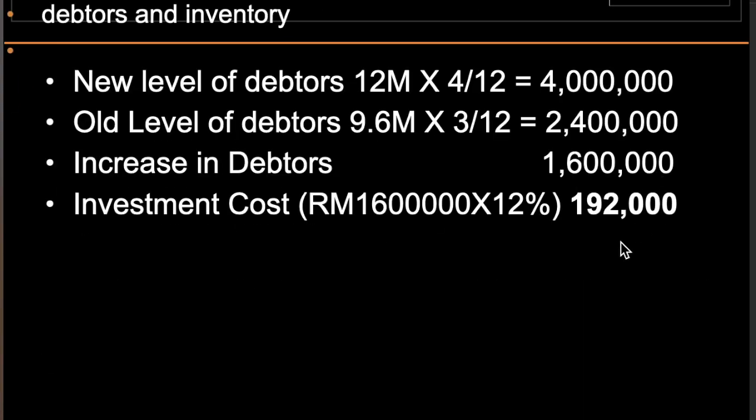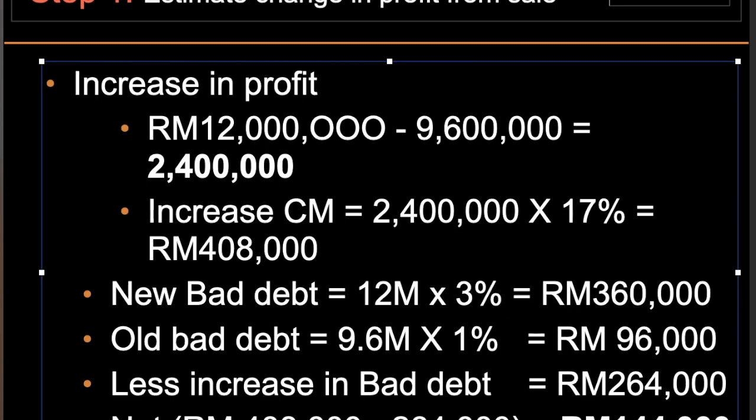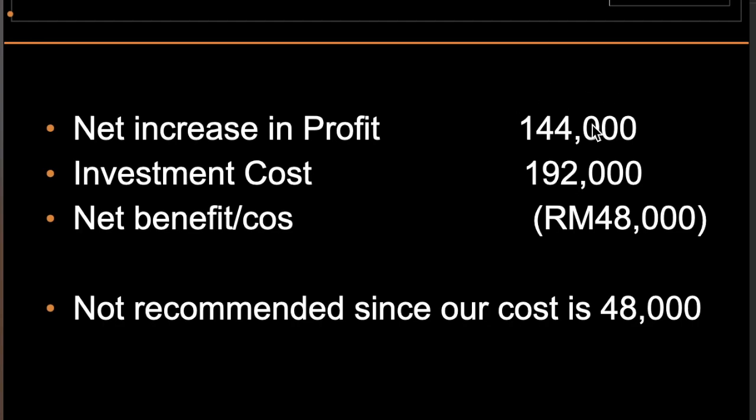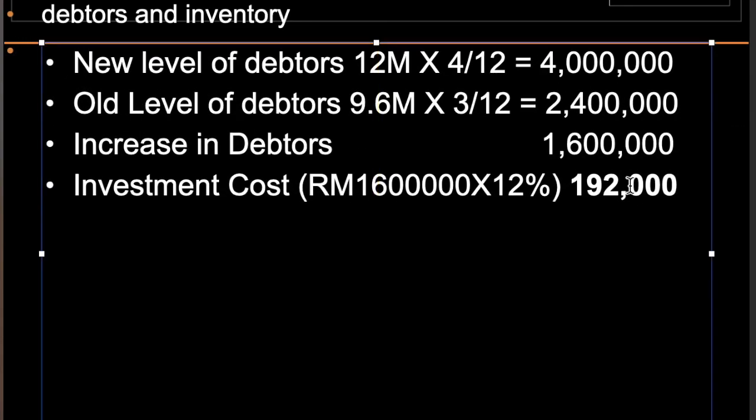minus step 2. So step 1, our net increase in profit is 144, right? Total here is 144. And this is 144, and our investment cost, which is the step 2 investment cost here, 192.